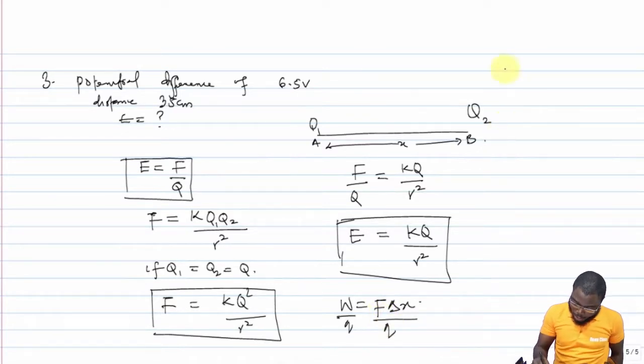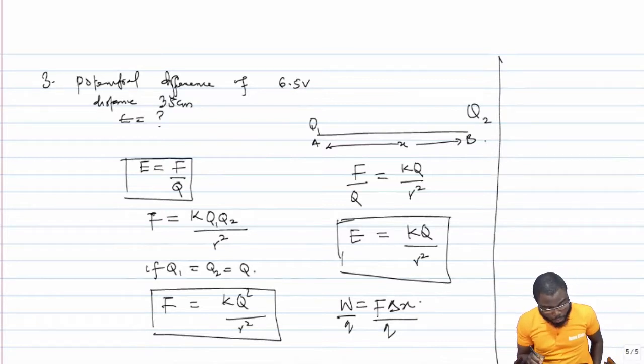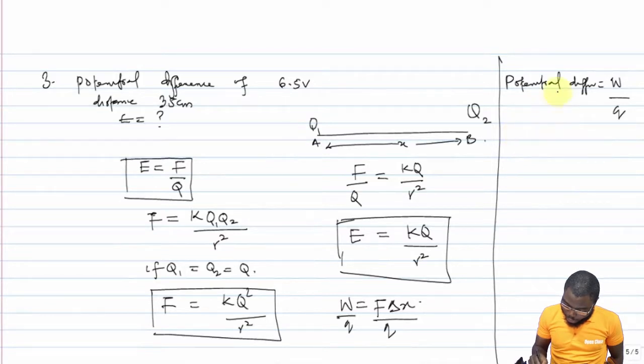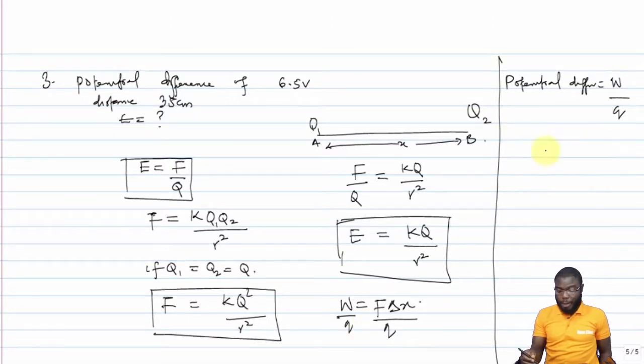So there I have W over q, which is your potential difference. Your potential difference is work done per unit charge. Let's say I call it change in V. Sometimes you see that as minus V, quite alright.